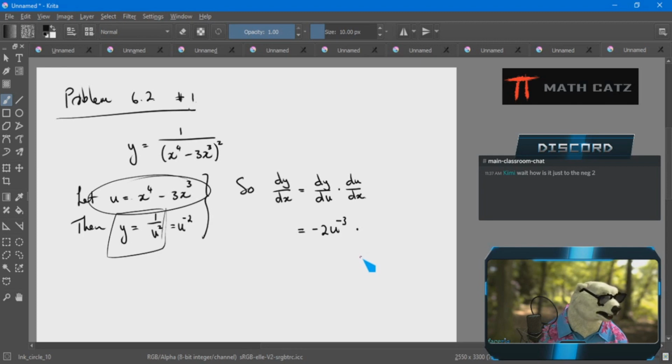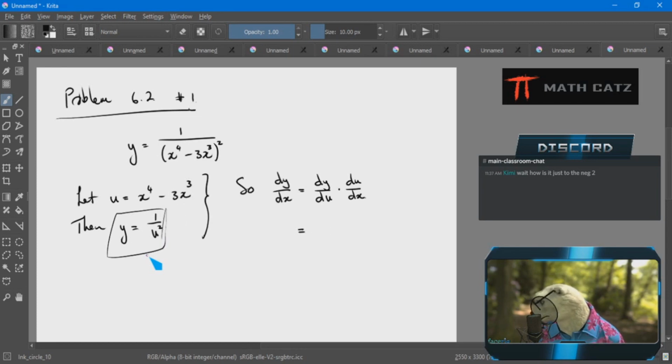How is it just to the negative 2? How is it not? Hold on, let me backtrack and get rid of my circles here. Okay, that's less clutter. So, first of all, are you happy with the outside function being 1 over u squared? Let me just double check that.